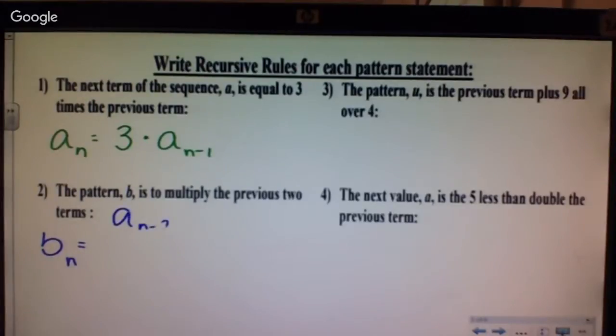So he just realized that we need to go back 2 spaces. So that's a sub n minus 2. And I need to go back 1 space. So a sub n minus 1. Those are the previous 2 terms. The first one that comes and the second one before it. And then it wants us to do what? Well, it wants us to multiply.